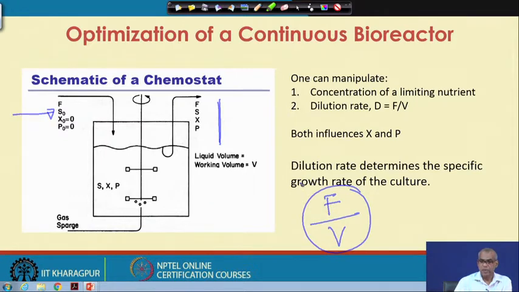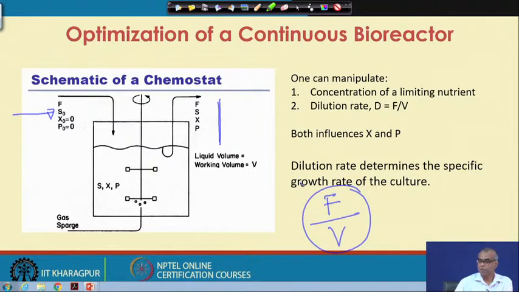So, in a chemostat, by changing the substrate concentration in the feed and or by changing the dilution rate, we can influence both the cell mass or the biomass as well as product concentration.